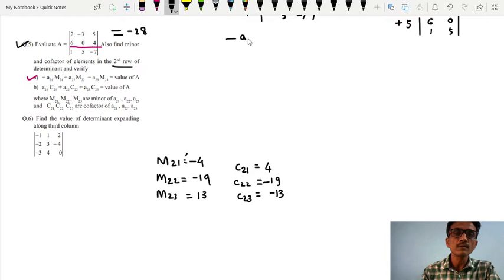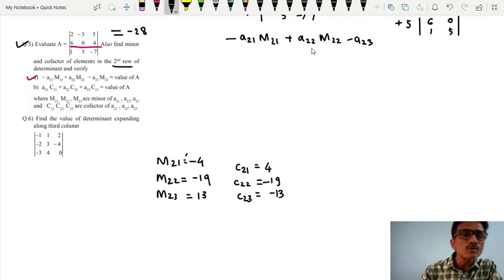Minus of a21 into M21, then plus of a22 into M22, then minus of a23 into M23.